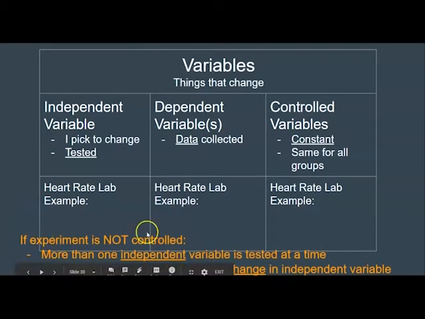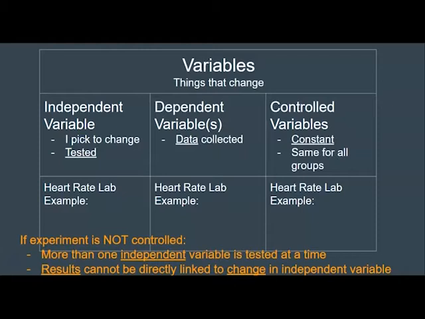If the experiment is not controlled, there's going to be more than one independent variable tested, which is not going to be helpful. If you have too many things changing, your results cannot be directly linked to a change in the independent variable.